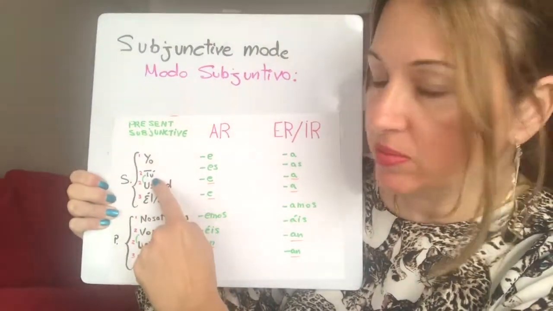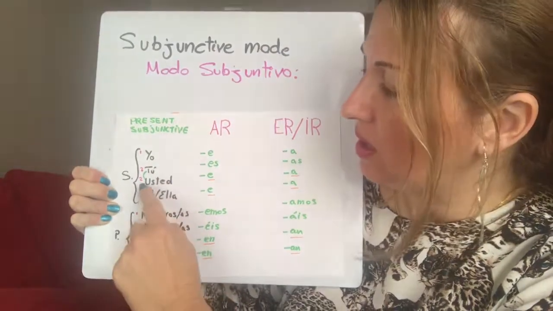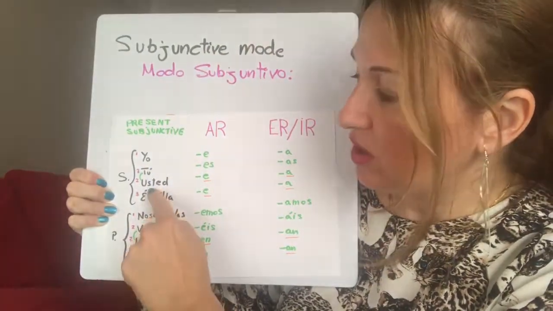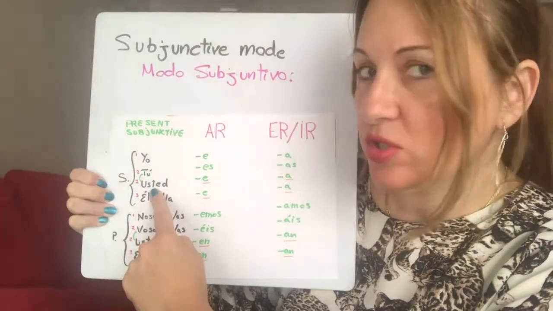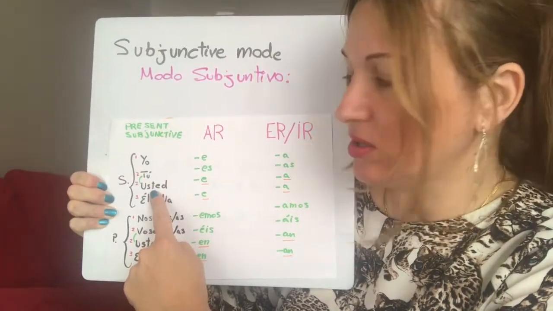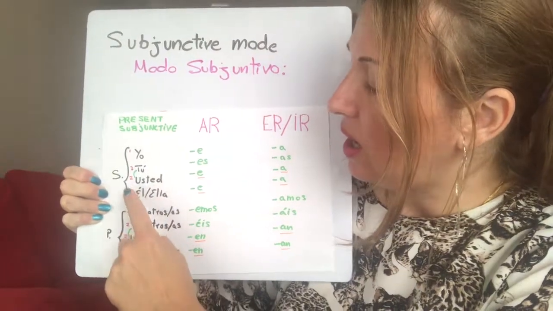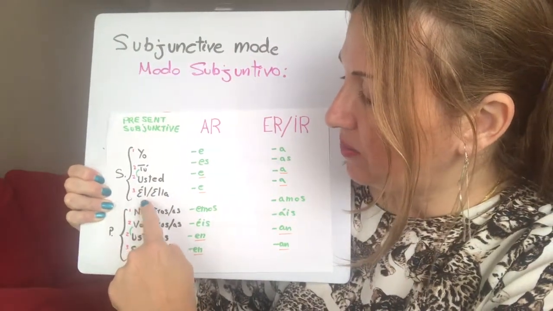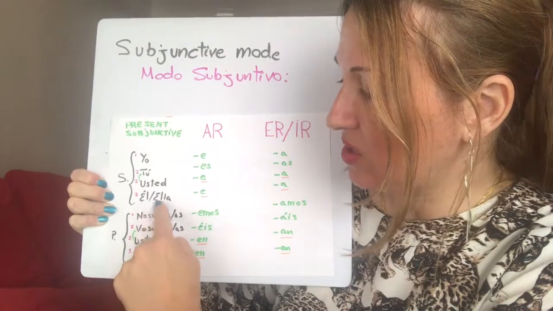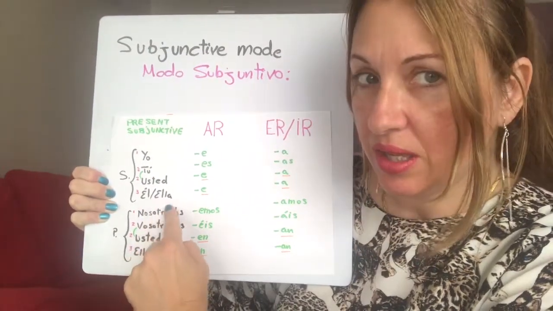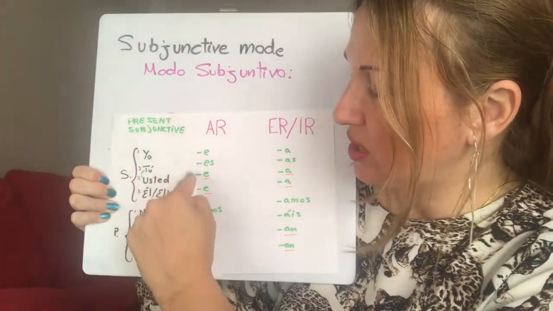Then we've got you, tú in Spanish. We also have you, the polite you, usted, which is the one that we use in formal situations. And the third one is he, she, él, ella. They all belong to the singular group.